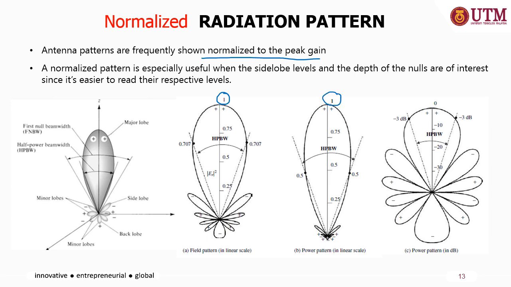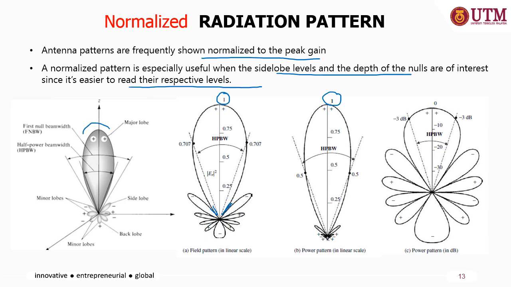The normalized pattern is especially useful when the side lobe levels and the depth of the null are of interest. So this is the null area. It will be much easier to analyze or to read through the pattern and all levels.